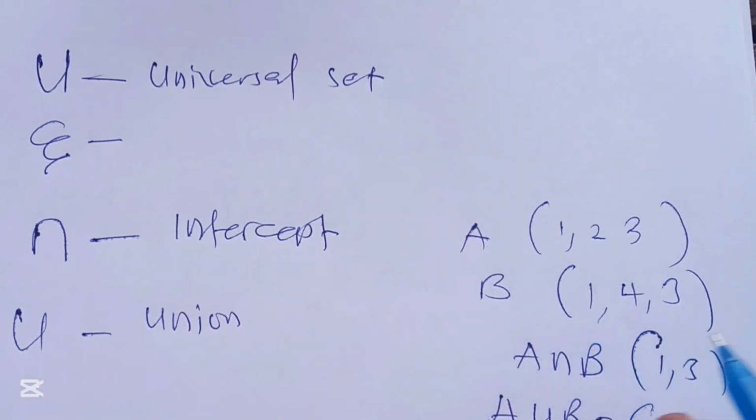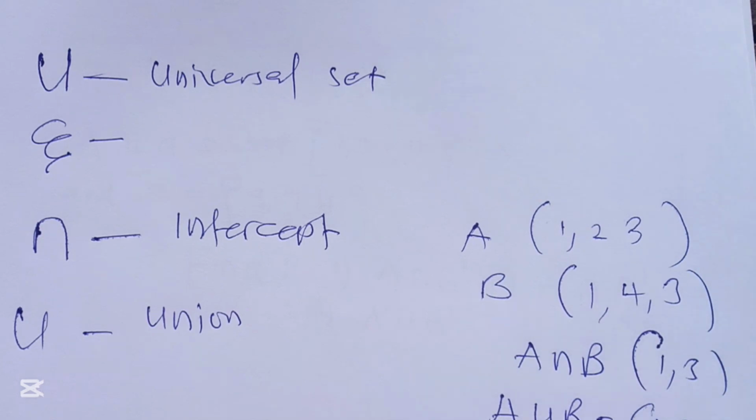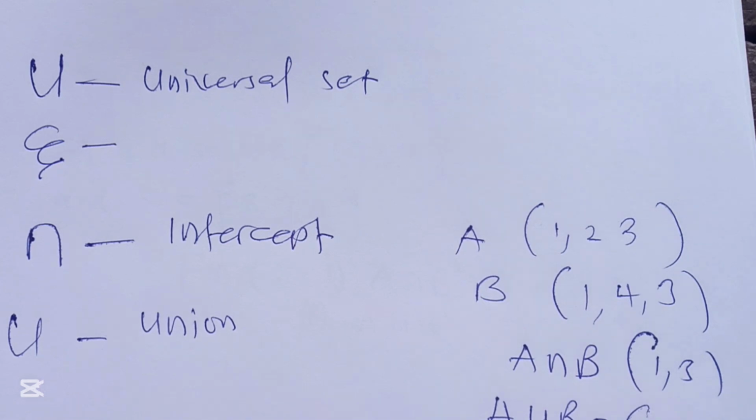You have 1 here and 1 also in B, so you take 1 once, not 1, 1. Then you take 3 once, and this is 4. Union means you combine the two sets, but make sure you don't repeat numbers, and they must be in order, starting from 1, 2, 3, 4 onwards.